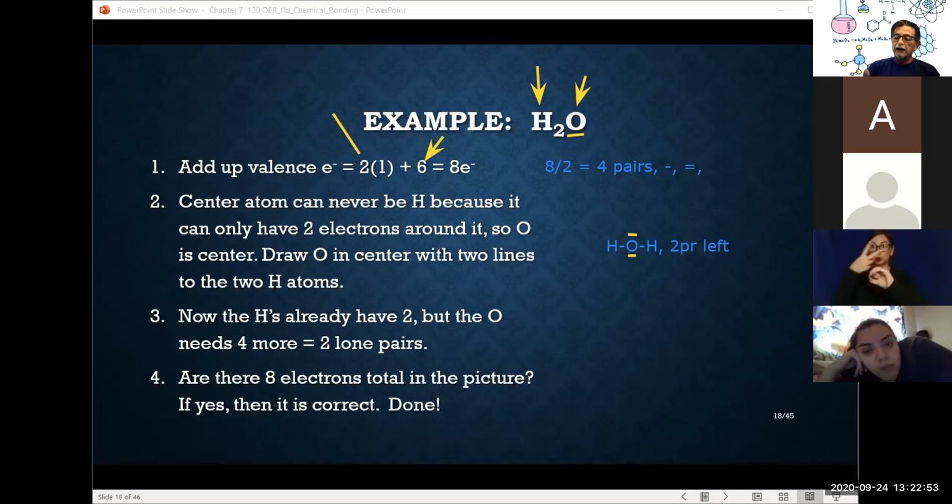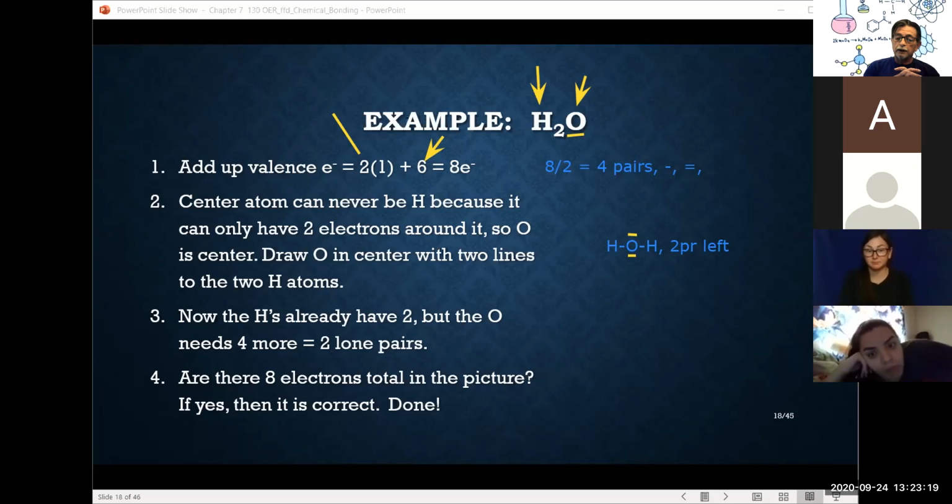And I count the electrons around the hydrogen, I have 2, which is consistent for hydrogen's duet rule. And then I go back and I count all the electrons I have. There I have a total of 4 pair, which is consistent with what we calculated in the beginning.